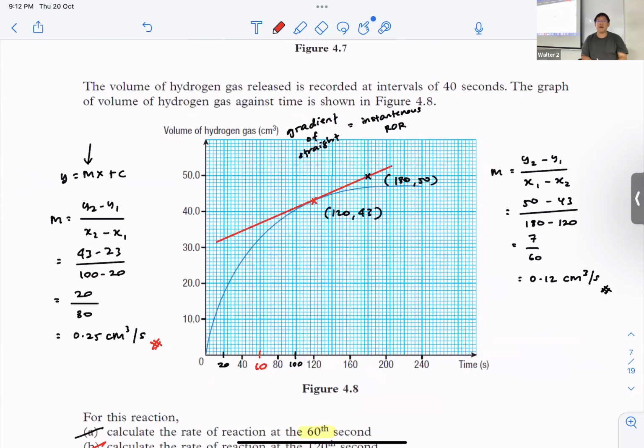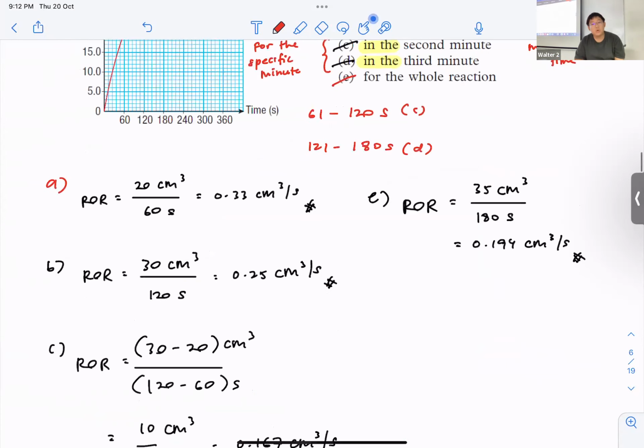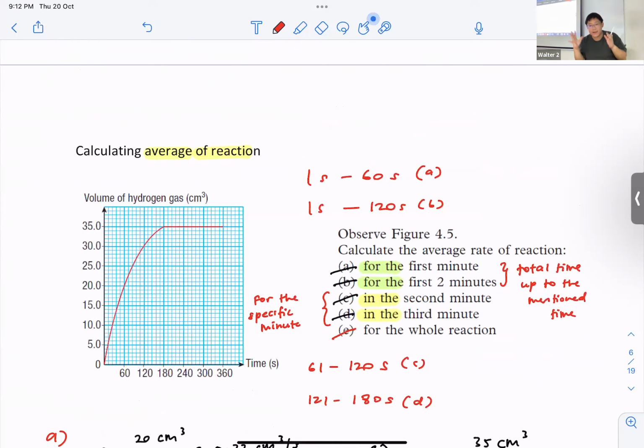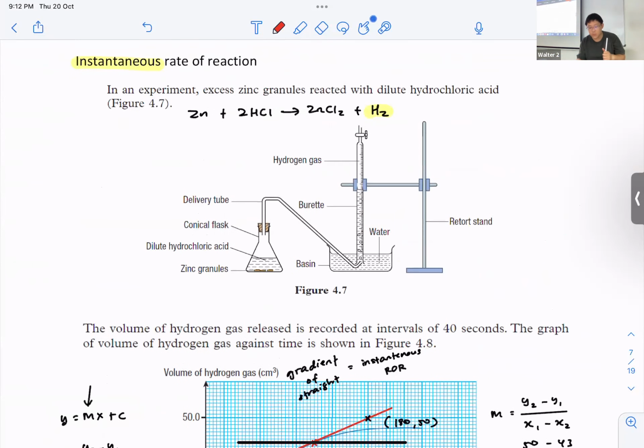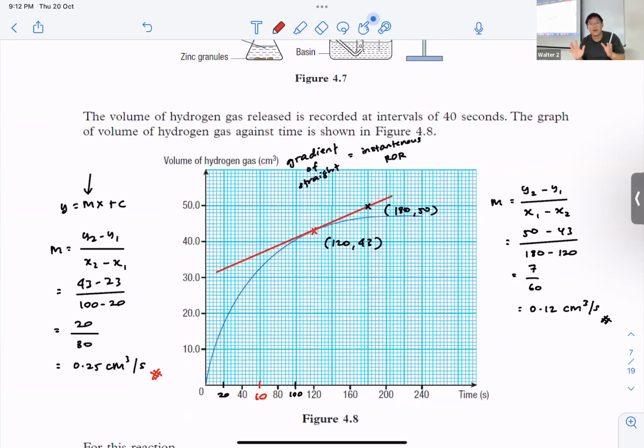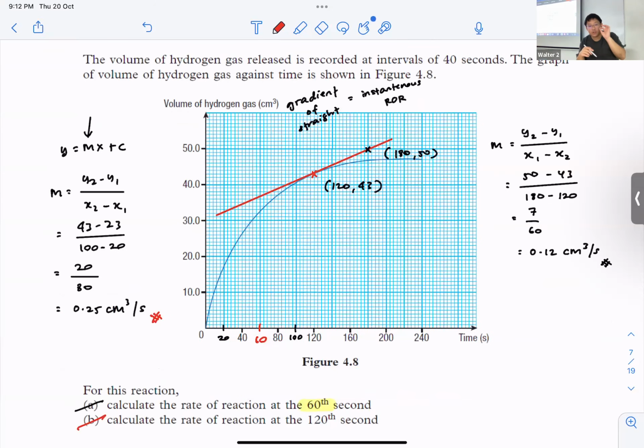So let me just recap one more time. You have average rate of reaction, where we calculate the rate of reaction on average for a certain time frame. And then we have instantaneous rate of reaction, where we calculate the rate exactly at the dot for a specific time.